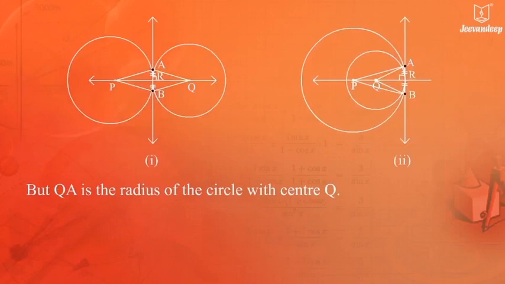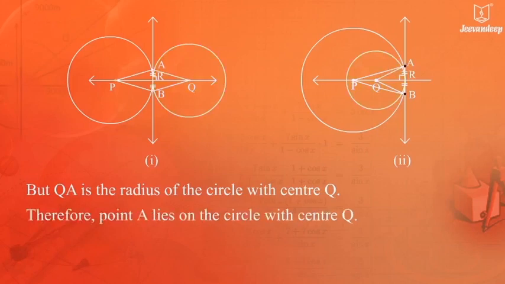But QA is the radius of the circle with center Q. Therefore, point B lies on the circle with center Q.